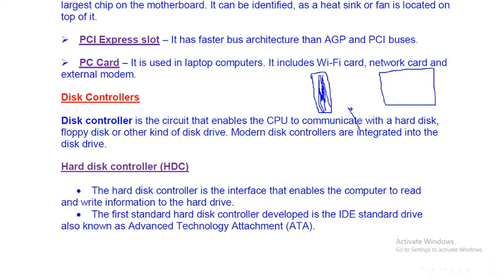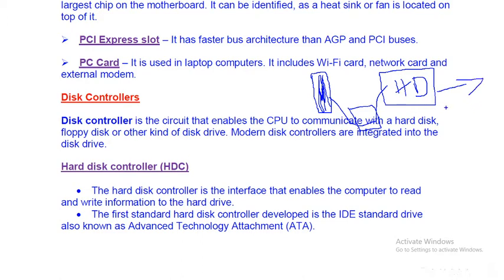Suppose this is the CPU; with the help of the CPU, we communicate with the hard disk. In order to operate the hard disk, with the help of the CPU and the circuit of the disk controller, we are enabling and communicating with the hard disk.